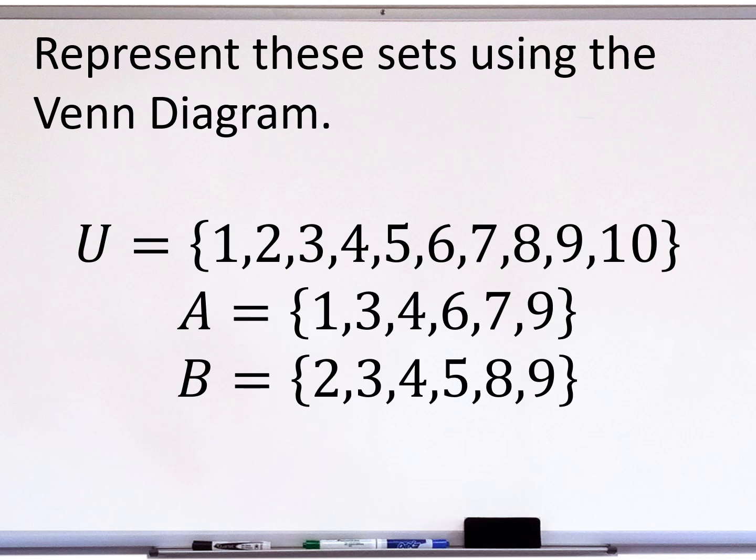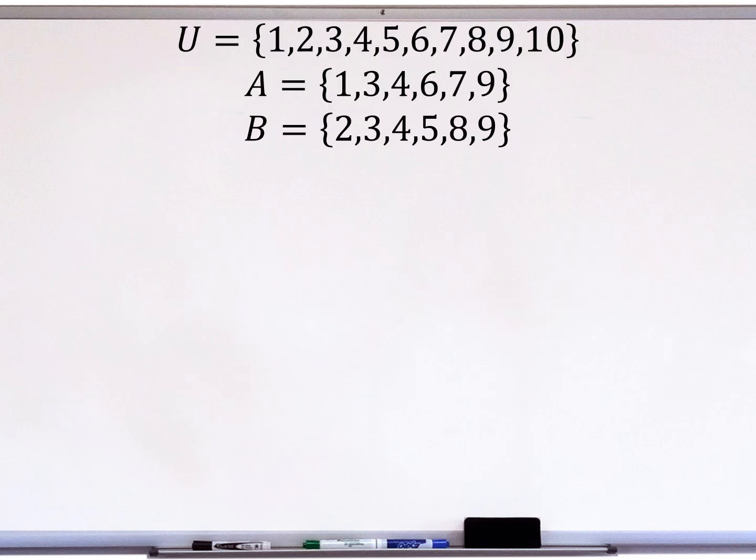So if you represent this through a Venn diagram, it will look like this. Make sure that you write all the given sets in roster notation, not in set builder notation, so that you can easily identify the common elements in every set.